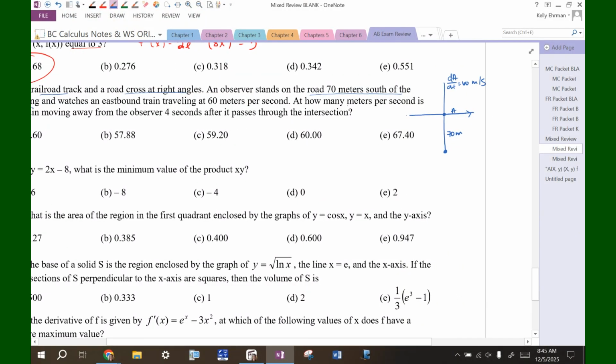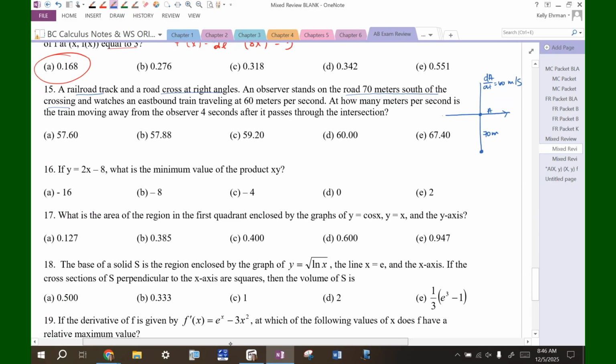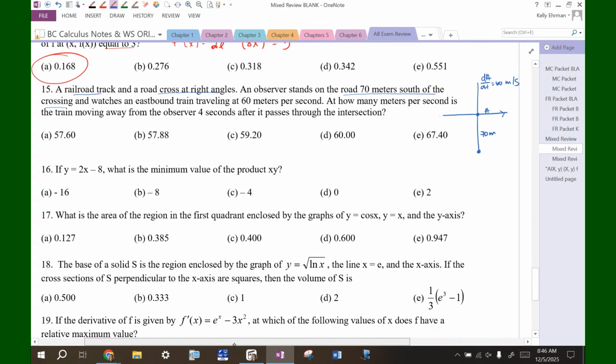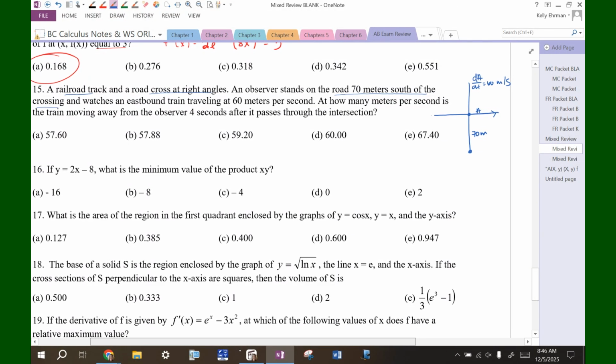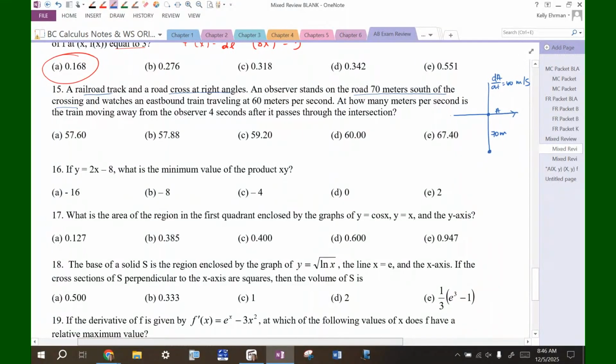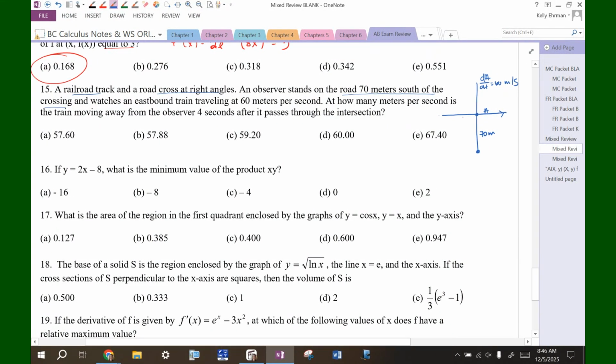At how many meters per second is the train moving away from the observer 4 seconds after it passes through the intersection? There's this eastbound train here. 4 seconds have passed. So let's say the intersection is 0, 0.